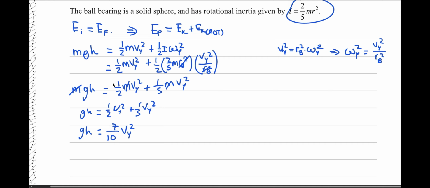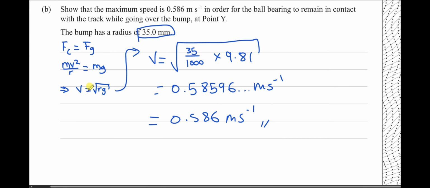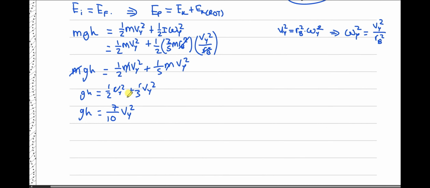Now, I think we could maybe simplify this a little more, because if we go up, I think we had an equation: vy, the velocity at point y, is just the square root of the radius times gravity. And so we can just go ahead and substitute in that result.